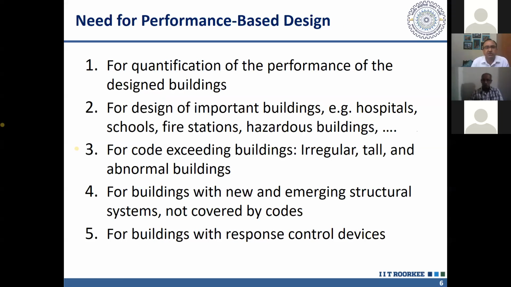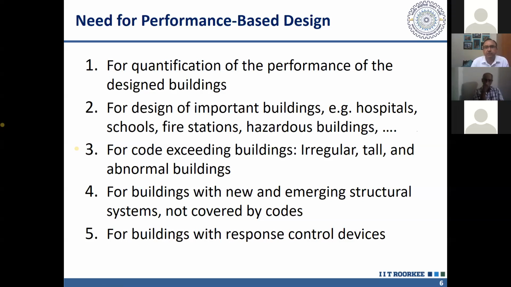One is when we have to quantify the performance of the designed structures. We may design our structures using the current code, but in that case, we do not have any idea how that structure is going to perform during a future earthquake. So if I want a reliable estimate of the performance, I have to go for performance-based design.